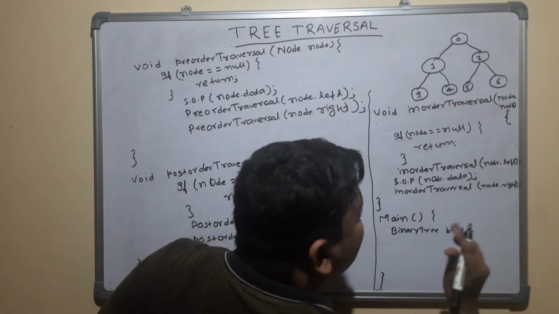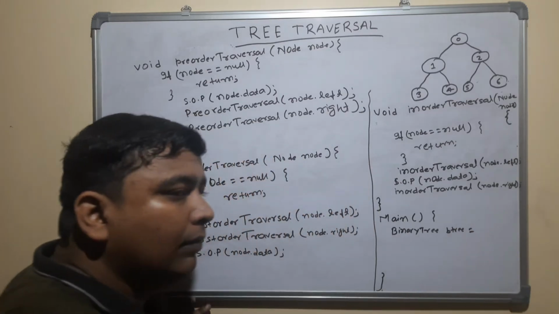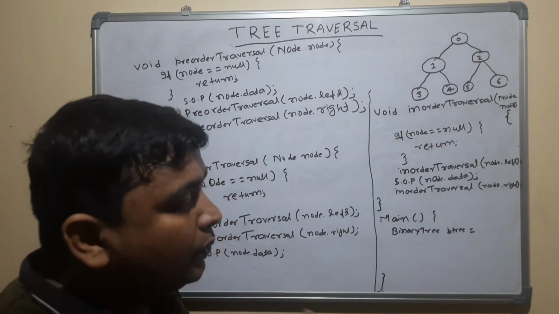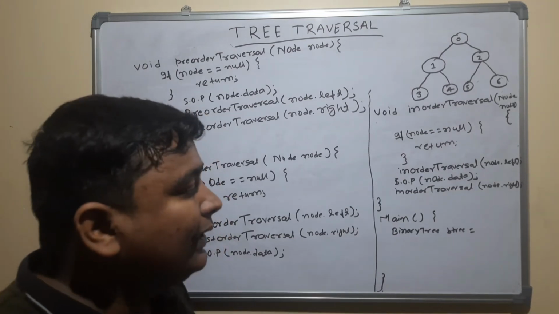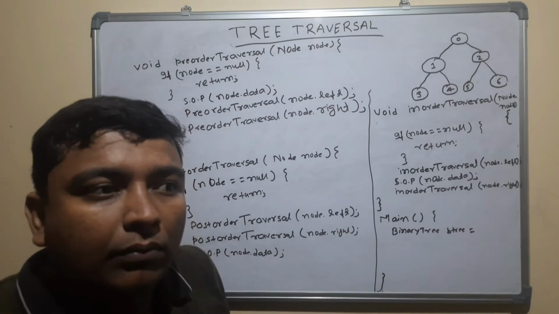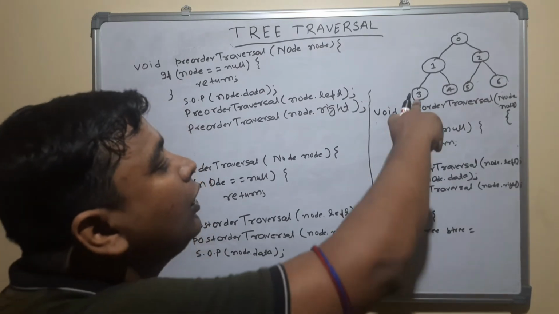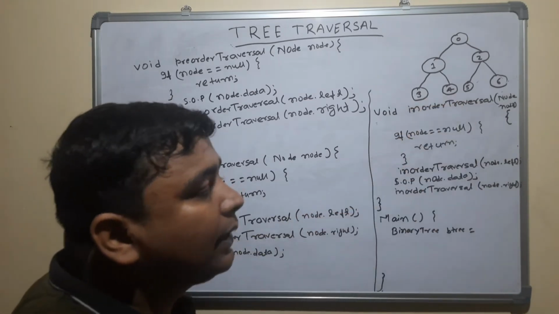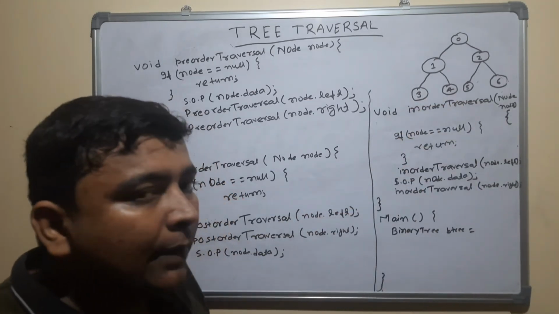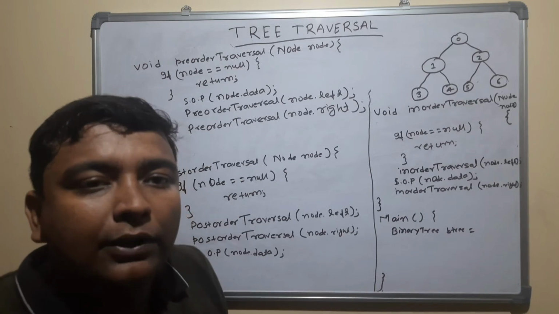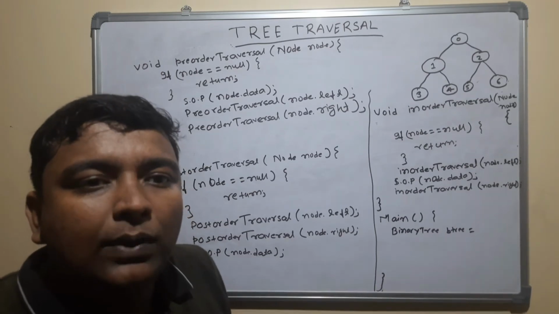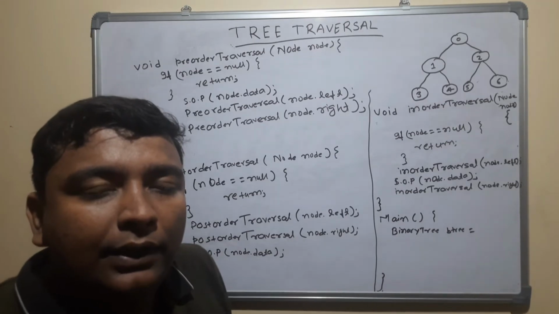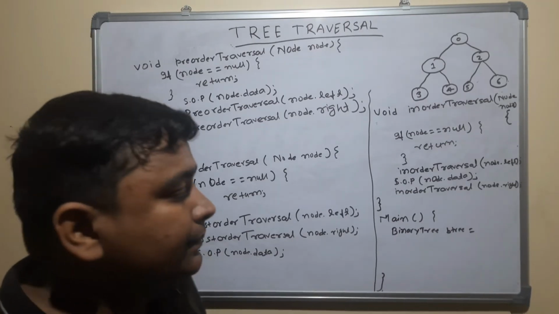I have already told you how to represent a binary tree, how I provide the node data in the class, and how we link the left pointer and right pointer. I have explained it better in that video, so please watch my representation of binary tree video.